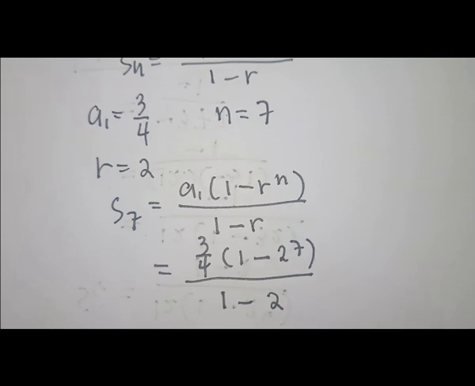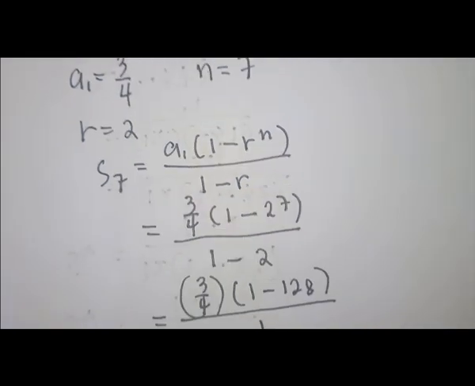What is 2 raised to 7? 2 raised to 7 is equal to 128, divided by 1 minus 2, which will give you negative 1.